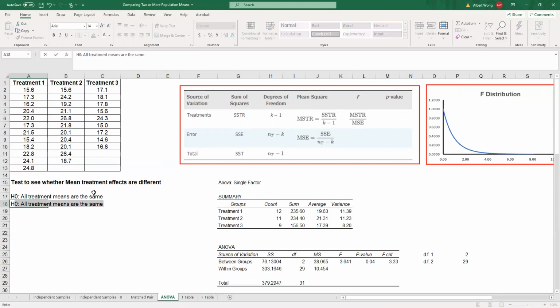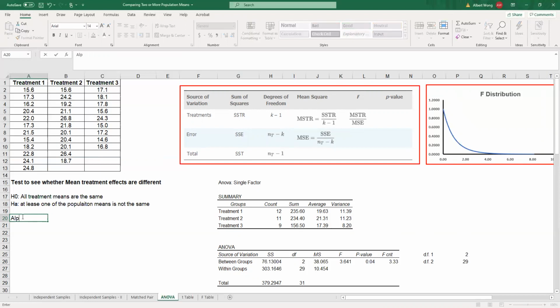And the alternative hypothesis is that at least one of the population means is not the same. So that is a typical hypothesis for ANOVA.